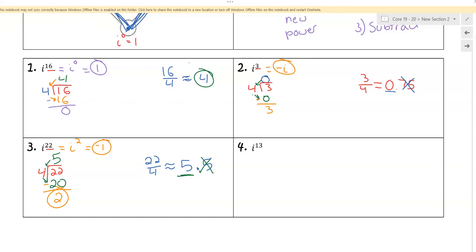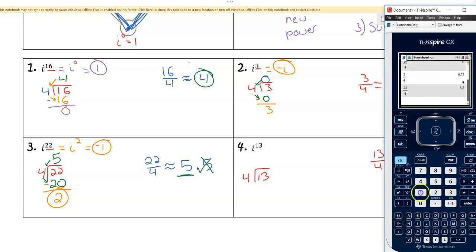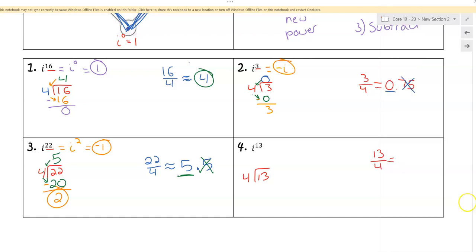Last one. Here's our 13. In my calculator, 13 divided by 4. Control Enter. We get 3.25. Ignore this. This is what we want.